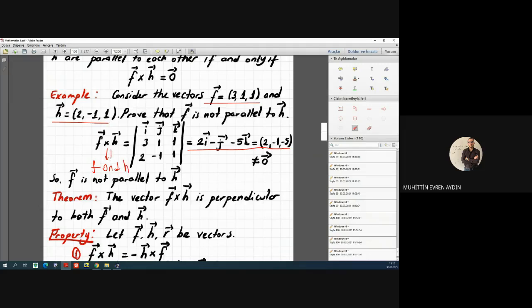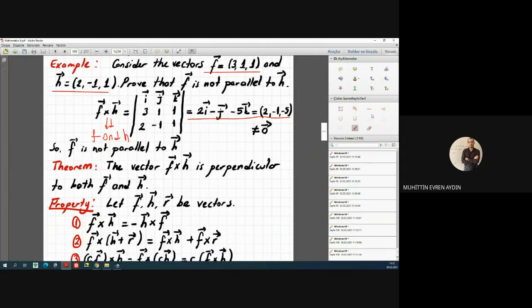Yes. Namely, if we draw here is f, let's say h, then this vector is the cross product of f and h.